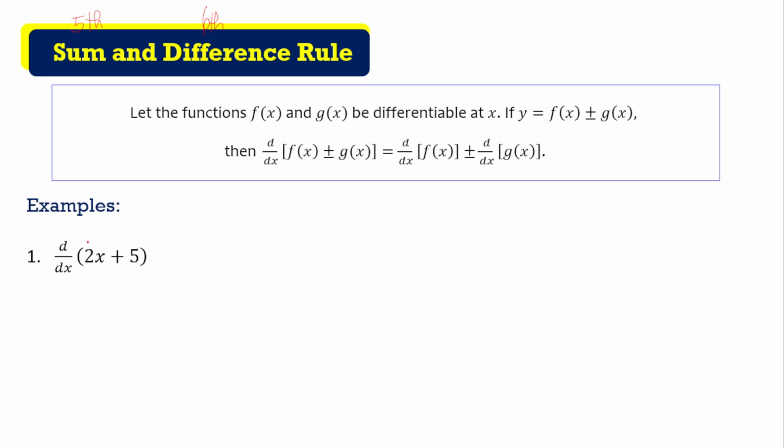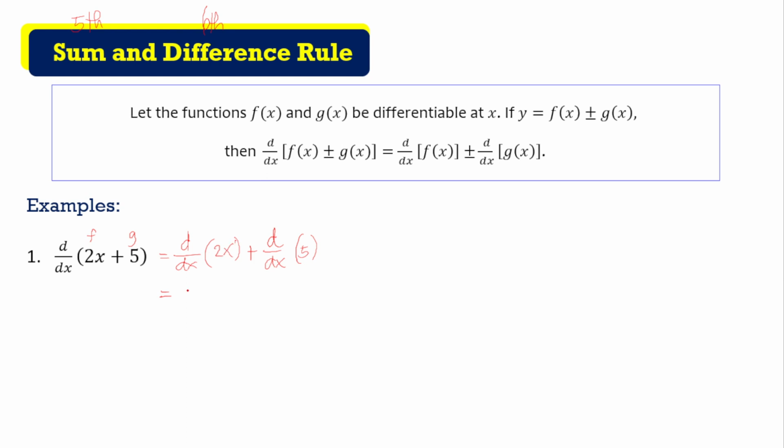Now get first the derivative of the first function. So it equals the derivative of 2x added to the derivative of the second function, which is 5. We know that the derivative of 2x is just multiplying the exponent 1 to the coefficient 2.